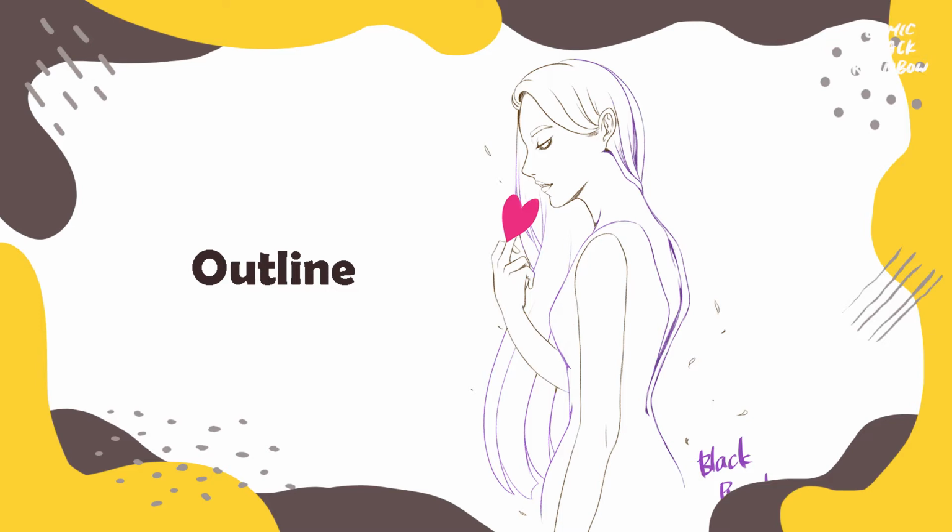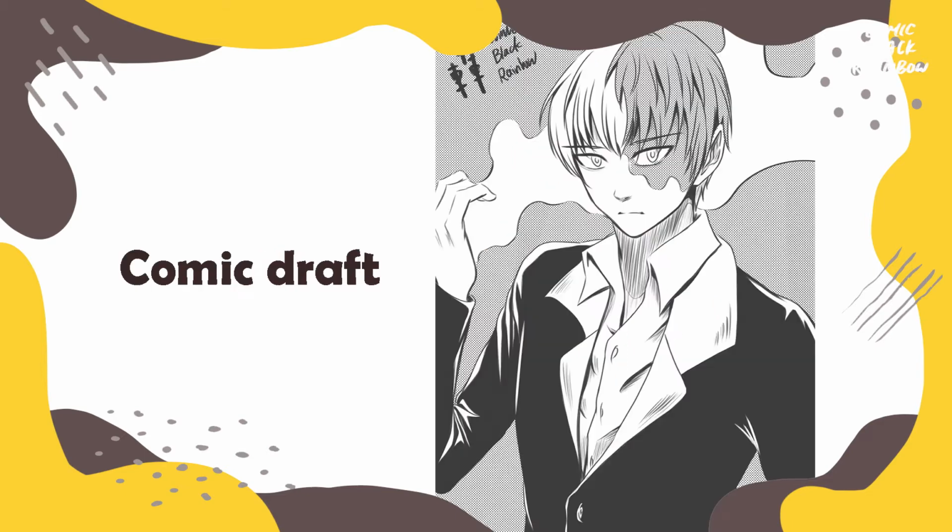Generally, it will not add too many details in an outline, because after people draw all the outlines of the things, they would add more details of light and shadow to their works. The second is comic draft.